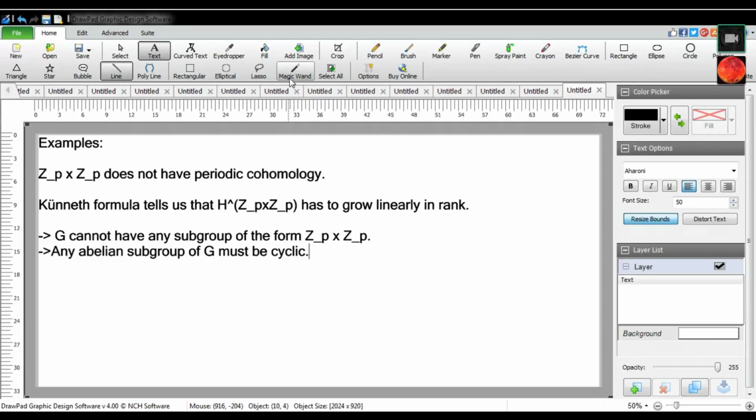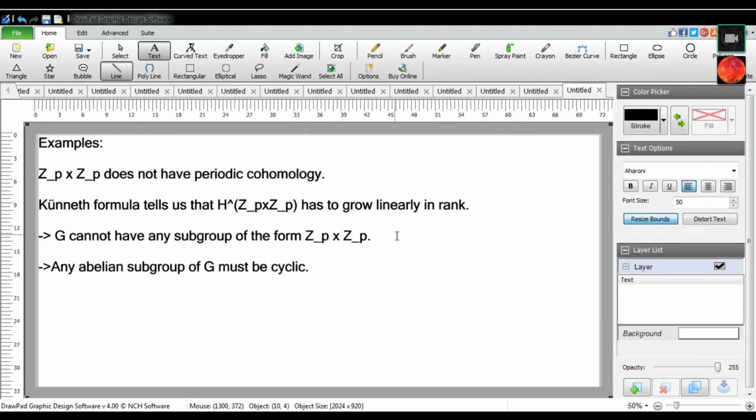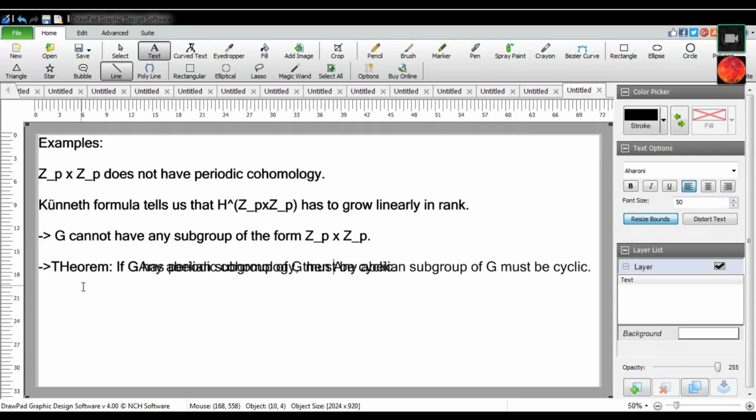This is actually a pretty strong thing. Just from very basic things that we researched about this Tate cohomology, we have some first theorem. We can actually call this a theorem. If G has periodic cohomology, then any abelian subgroup of G must be cyclic.